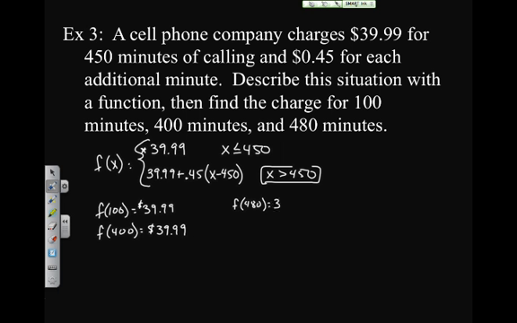So we have $39.99 plus 0.45 times 480 minus 450, and so that is $39.99 plus 0.45 times 30, and that gives us $13.50 when we multiply that together.